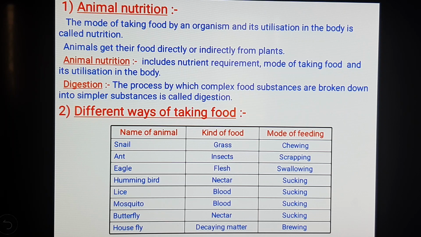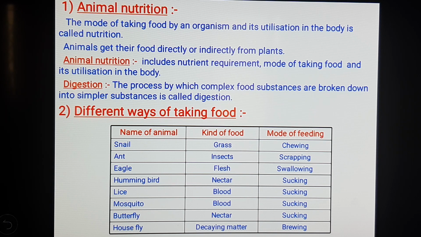The first point is animal nutrition here, but what is nutrition and what are the nutrients you have learnt in the previous session, means in the first chapter, Nutrition in Plants. So once again I will revise nutrition and nutrients. So what are the nutrients?